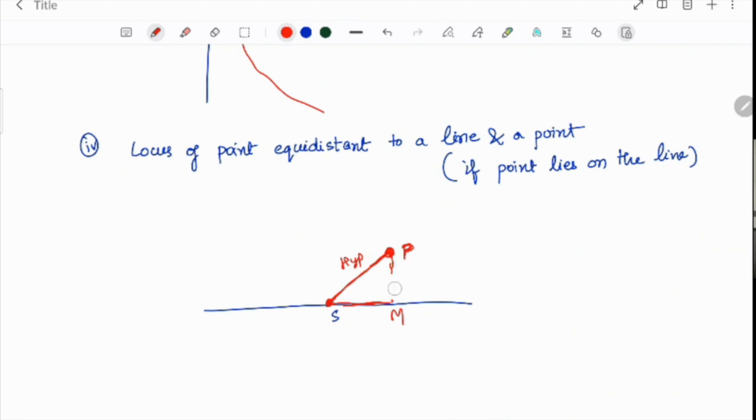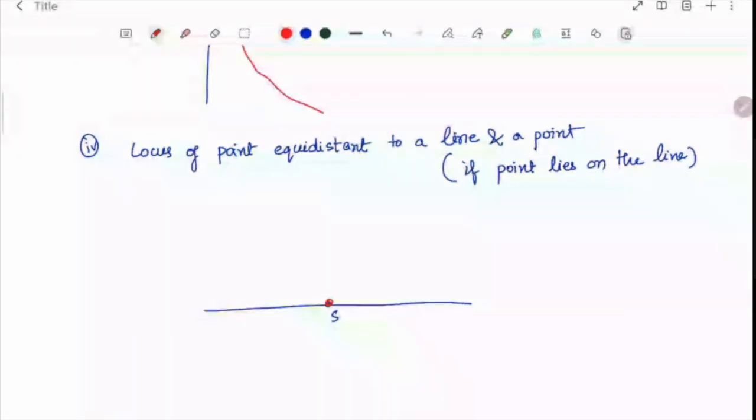So how should the locus be? Think about it. So it should be perpendicular. Very good, you are right. If you take P on the line perpendicular to the fixed line and passing through the focus S, then P to S distance is the same as P to line distance.